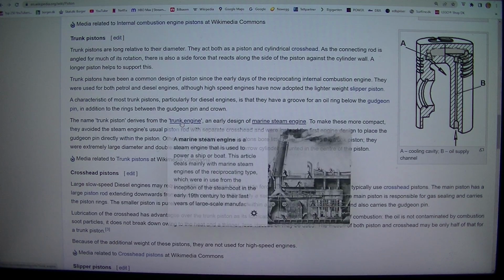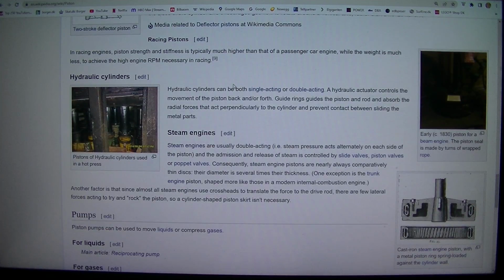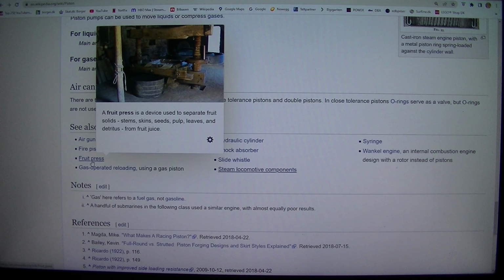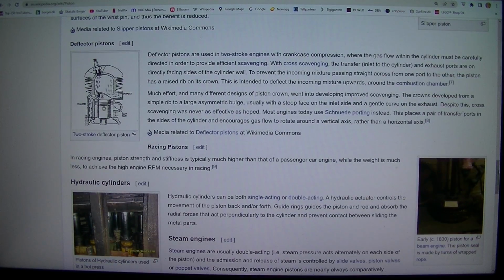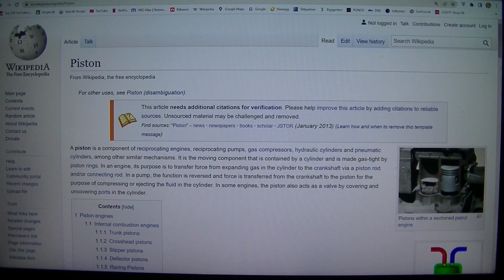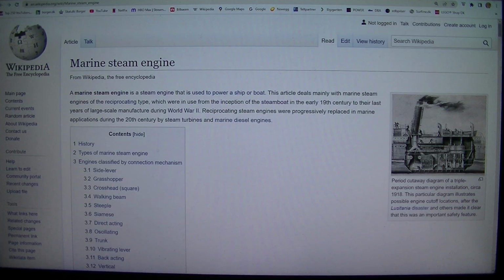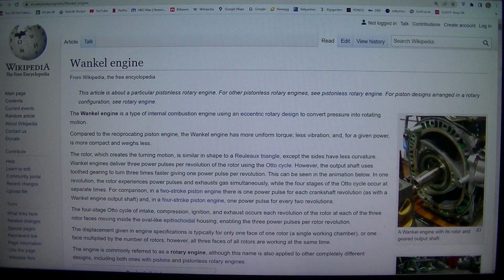Marine steam engine, trunk engine. Yes, steam locomotive, fruit press. Should we do this just for fun? Okay, Wankel engine. So that's many more. Pumps, valve, gas engine, marine steam. Steam locomotive parts.